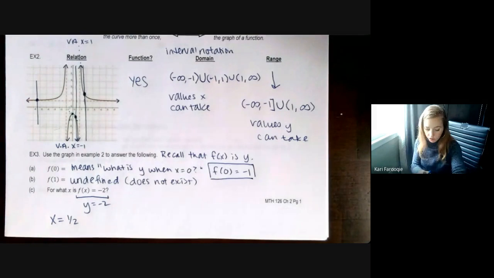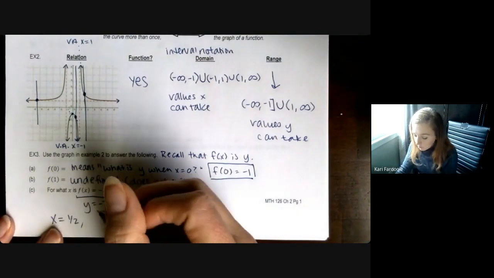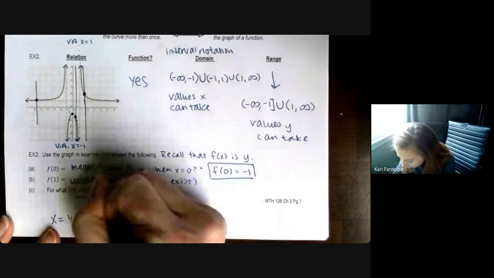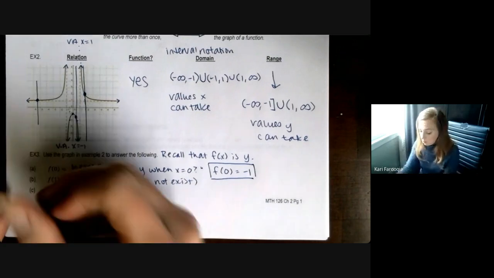So you're just trying to figure out what the y value must be and or what the x value must be. And we just said that x is going to be -a half. So if you end up in this situation where you end up with more than one x value for a particular value of y, that's fine. Just make sure you include both.